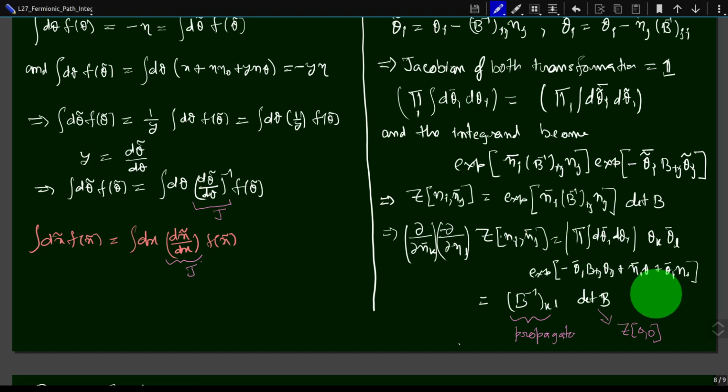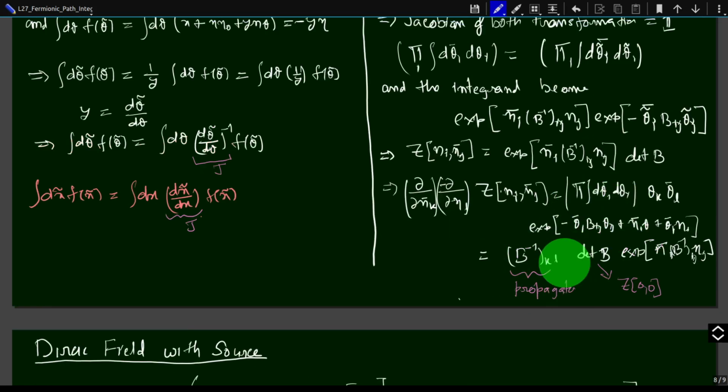So let me make that correction, times exponential of eta bar i B inverse ij eta j. Okay, this will also sit there. And what is this? Determinant B is nothing but the value when both the eta and eta bar are set to 0. And when you set the etas to 0, this exponential factor will become 1. Okay, so what is my expectation value is just the inverse of this.